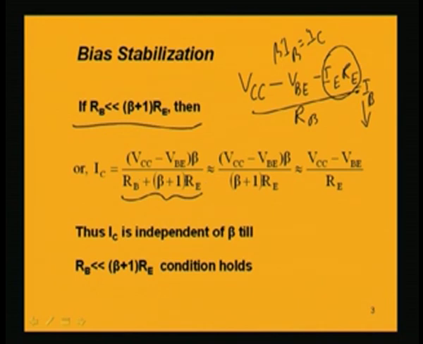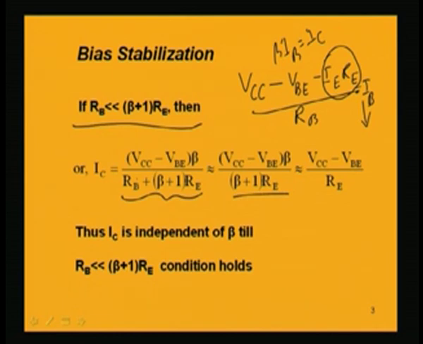If RB is very small compared to this term, we can approximately write the whole denominator as (beta plus 1) RE, because in comparison with RB this factor is quite large if the design is done like that.